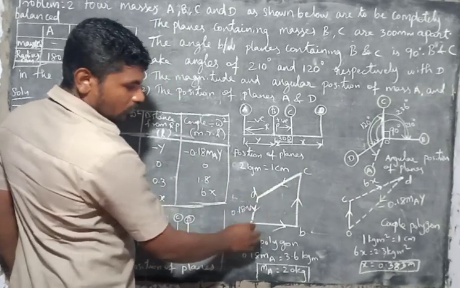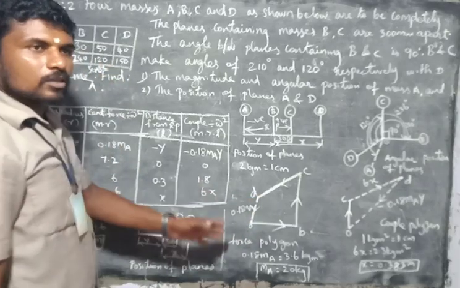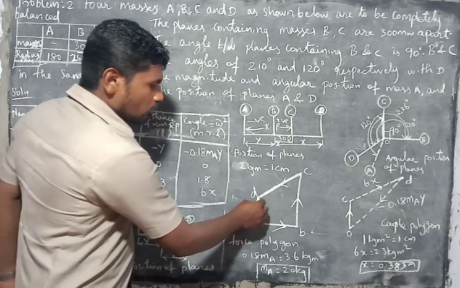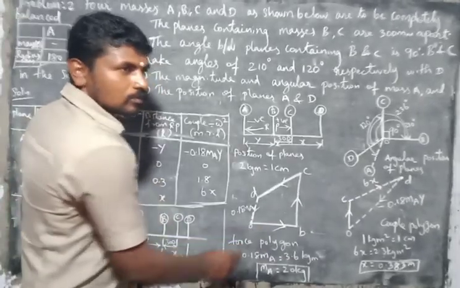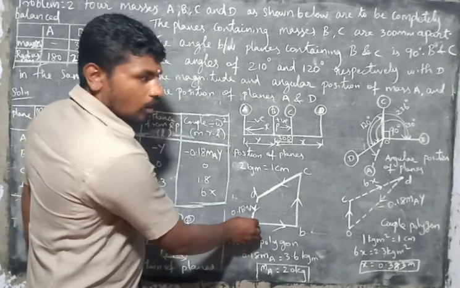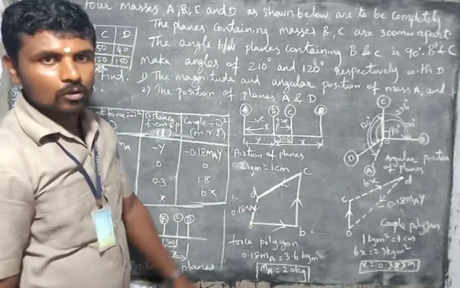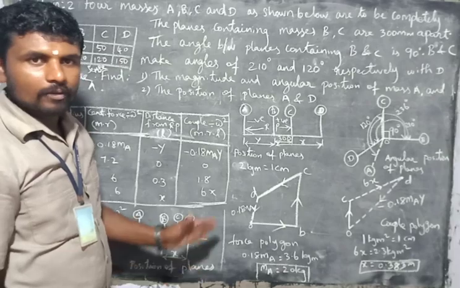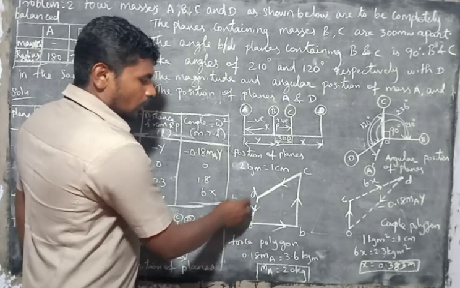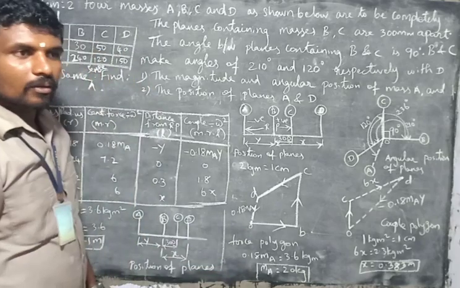Finally, the diagram is incomplete, so we need to connect D to the origin with a dotted line and measure that value.